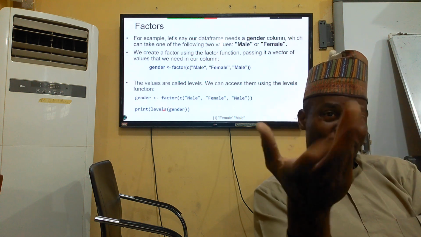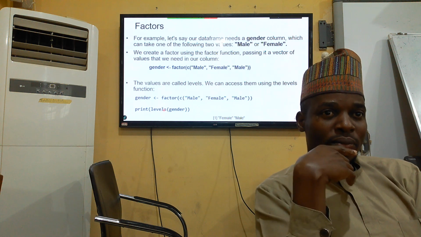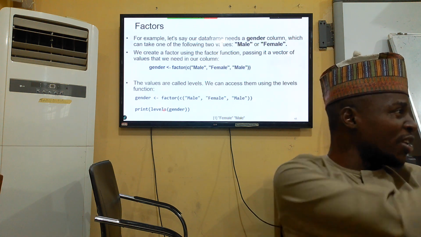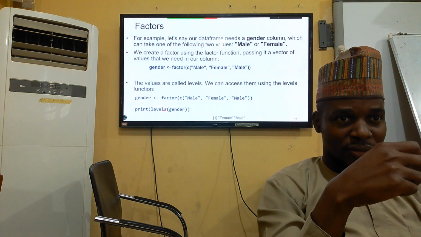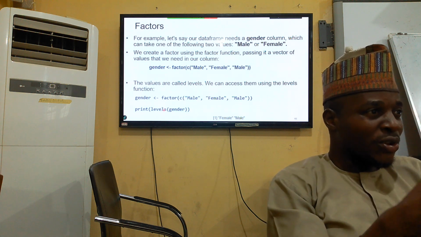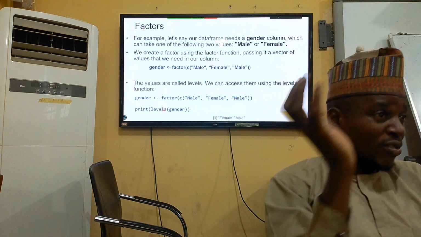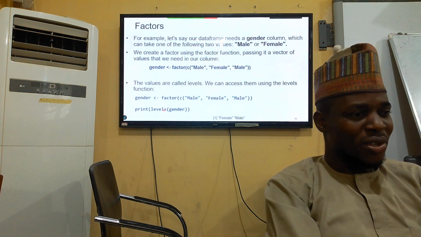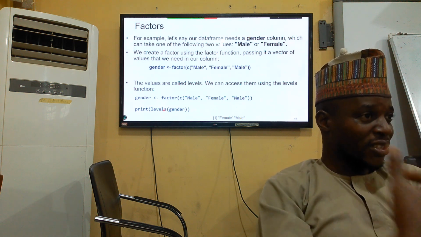For example, in gender, you can have 1,000 names, but if you come to that column for gender, it can only take either male or female. So if you want to comfortably treat your data in that format, you can simply make it a factor. Is that okay?